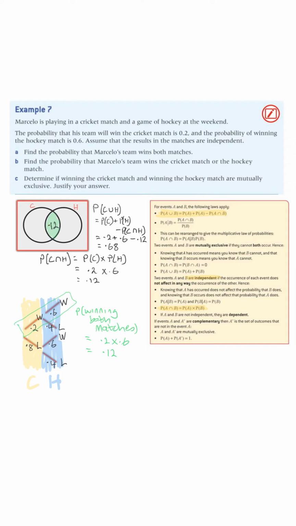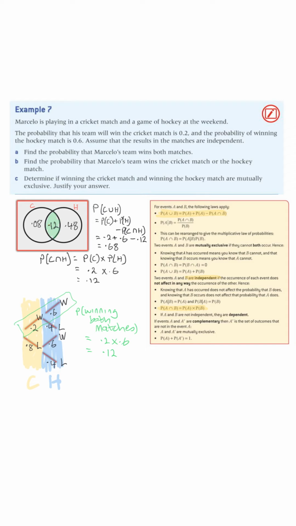Well, the hockey must be 0.6 minus 0.12. So this area, because the whole circle of H has to equal 0.6, so 0.6 minus 0.12 is 0.48. Similarly, with the cricket, it said it was 0.2. Well, that's 0.2 in everything. We've already got 0.12, so this must be 0.08.